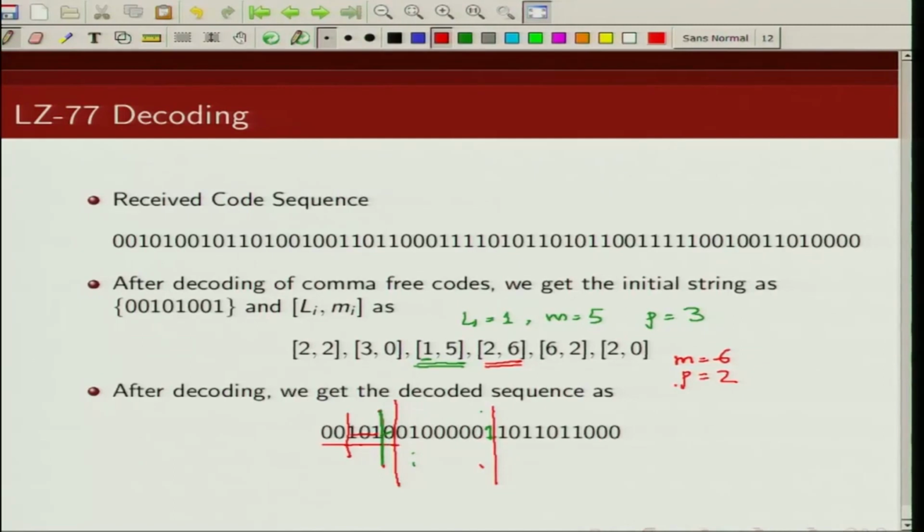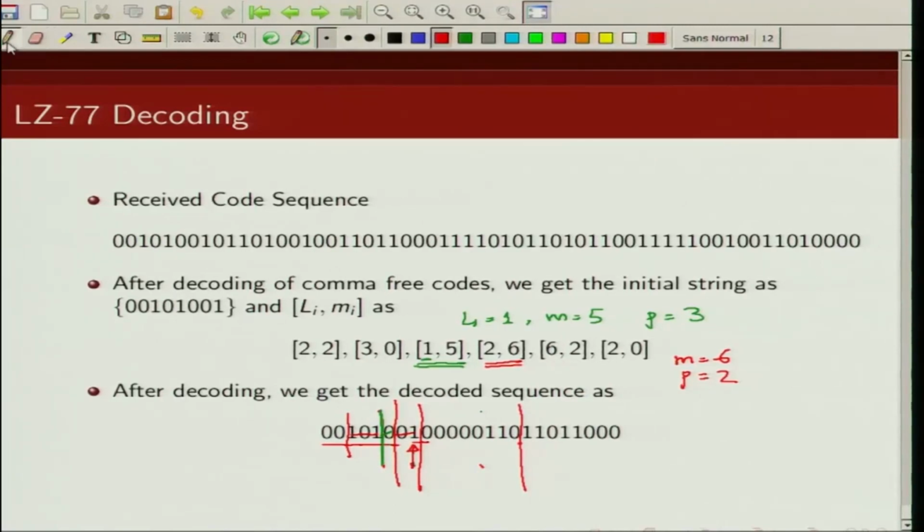If you look at P equal to 2, that is this, and you have a match of length 2, that is 1 0. You append this to your dictionary and remove the next bit. So your new dictionary is this.